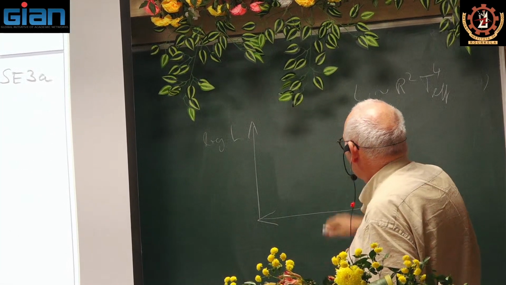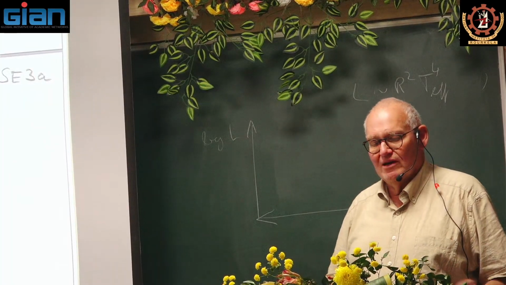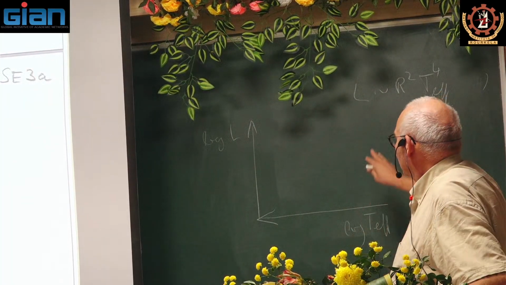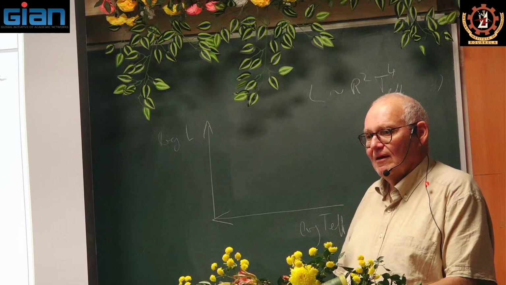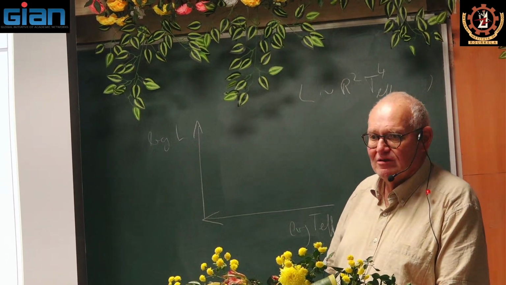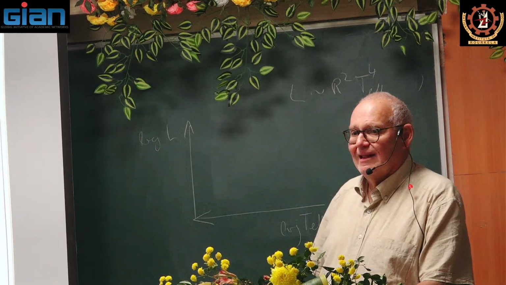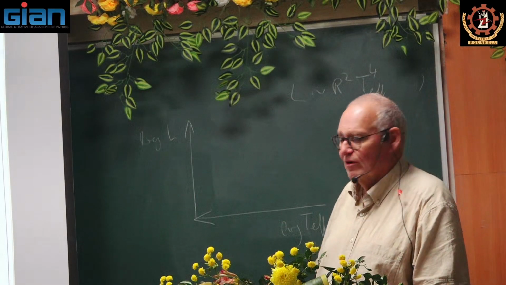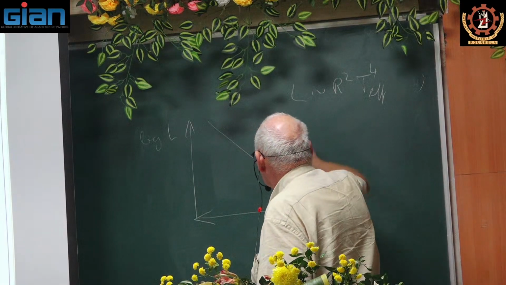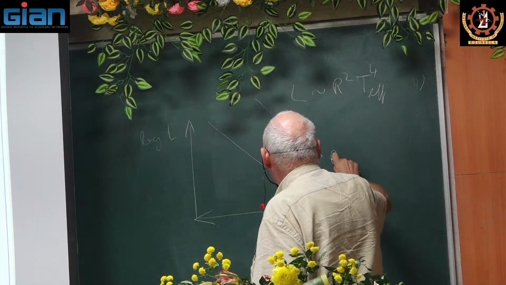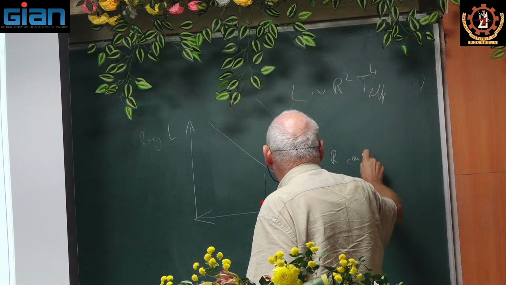So in a log-log diagram, lines of constant radius would be lines where log L is 4 times log T effective. Because we plot the temperature axis the opposite way, these are lines of slope minus 4. So these are curves of constant radii.